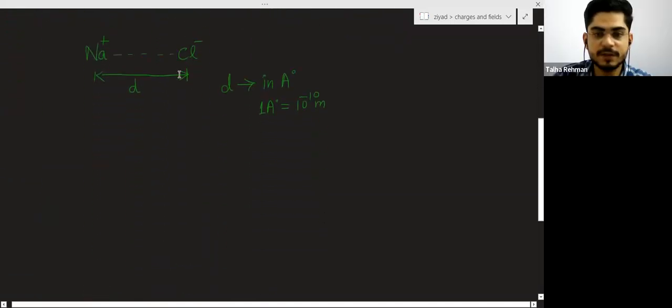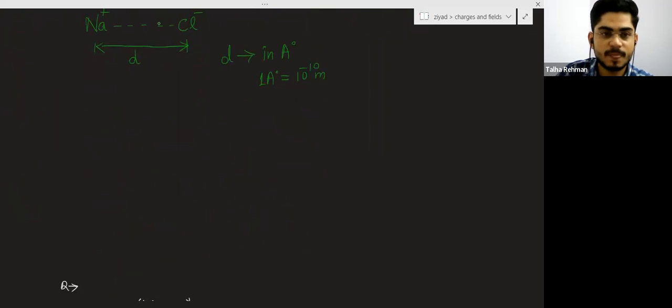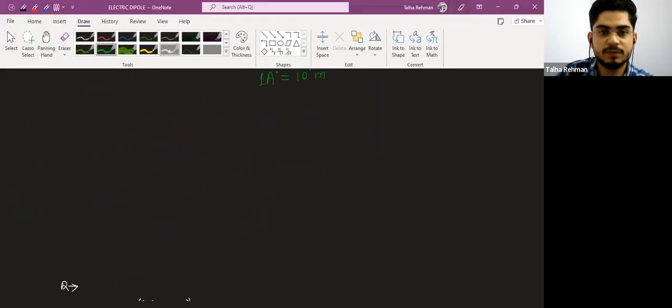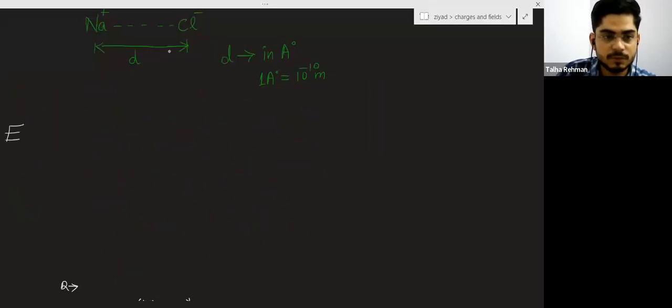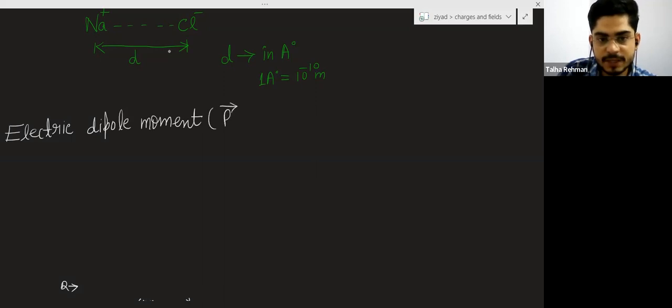Now there is another term that I will use here, electric dipole moment. Electric dipole moment is a vector quantity, and this is represented by P vector.